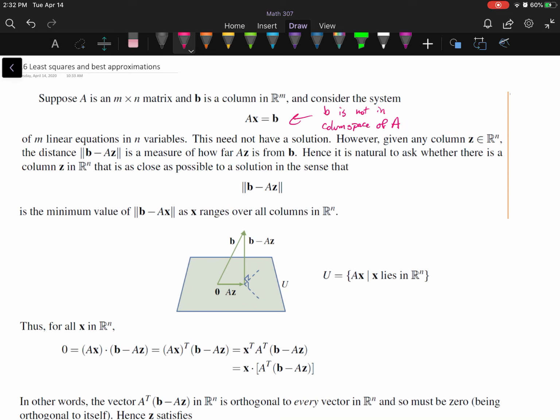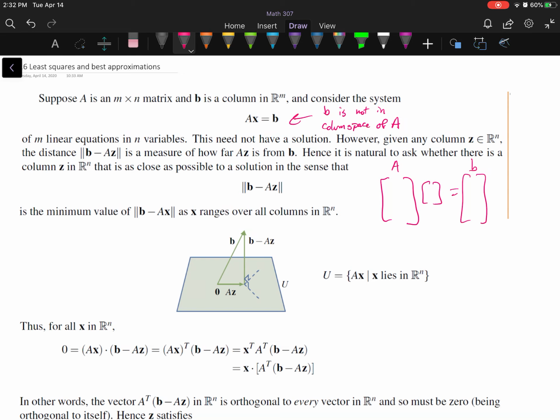In these systems, A tends to be taller than it is long, just so that you know. And X is some vector and B is some vector that's as tall as A is.